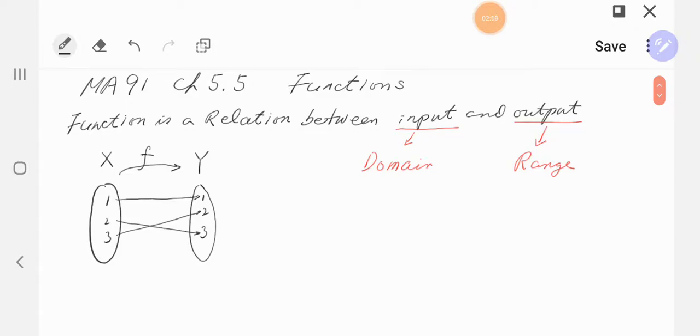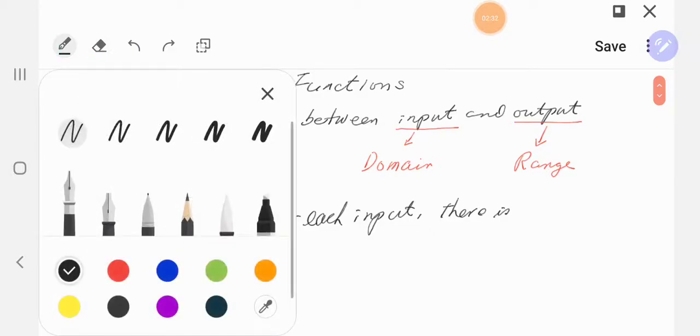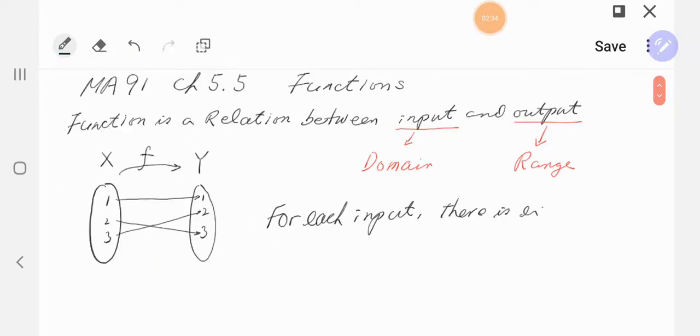I don't know what the relation is, but once you give an input, you will get an output. In this case, for each input there is exactly one output.